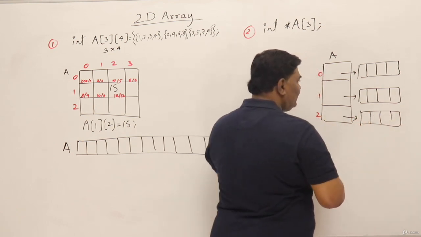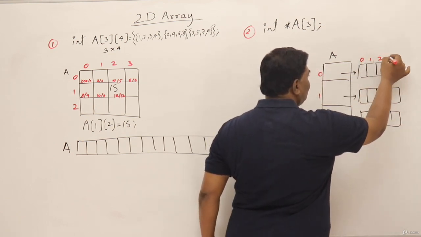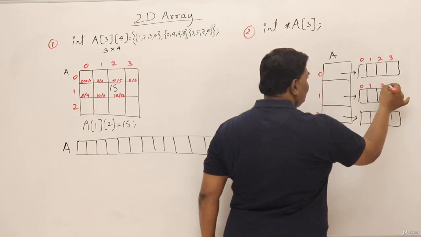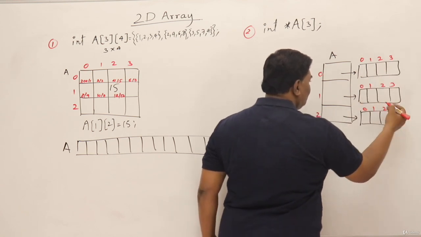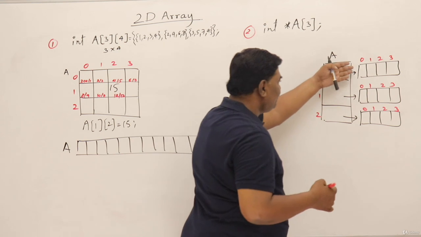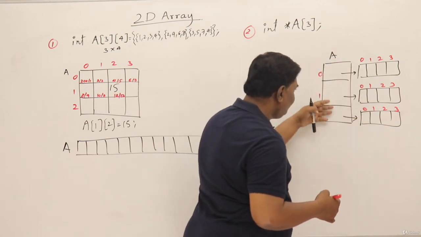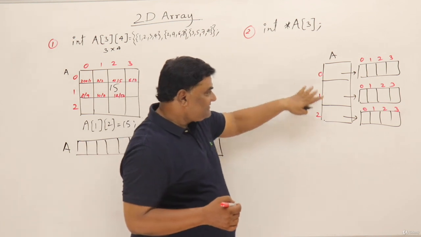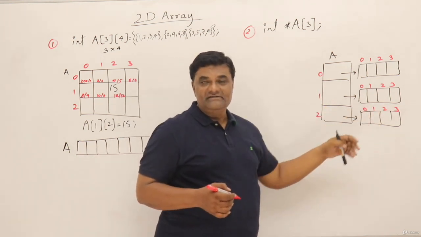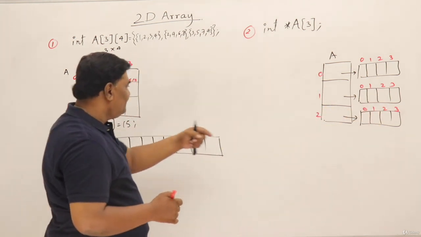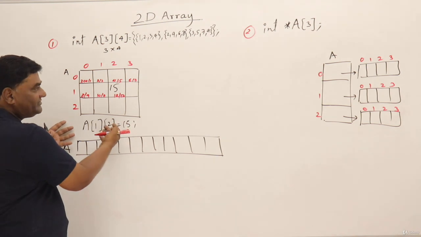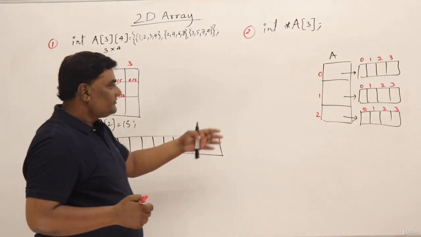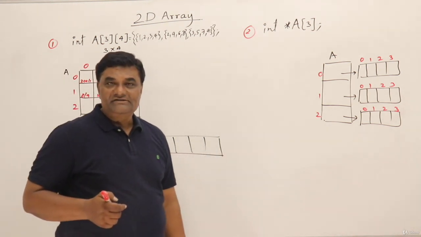So I should have 3 arrays of size 4 created in heap. So this is nothing but an array of arrays. There are three arrays and I have this array pointing to those three arrays, and together they form the same two-dimensional array. So this is the second method of creating a two-dimensional array.